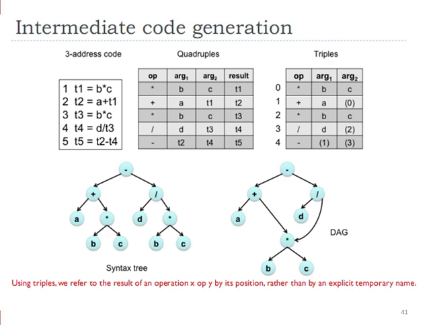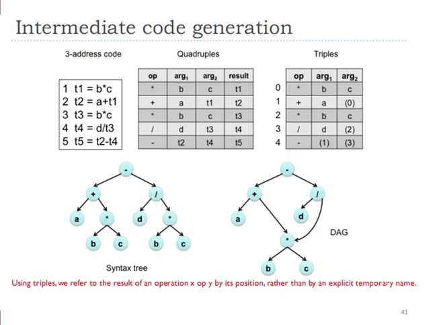So before generating the target code from this source program fragment, we can create an intermediate representation, either as three address code, as quadruple, or as triple, or as syntax tree, or as directed acyclic graph.